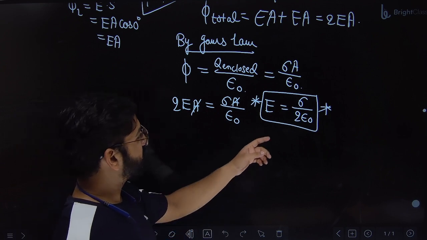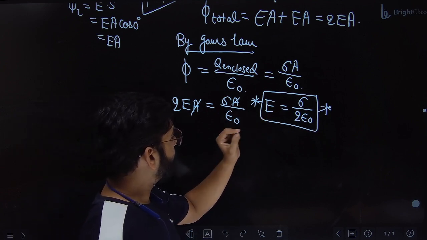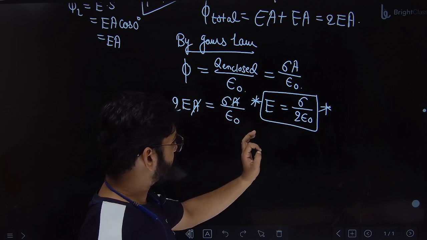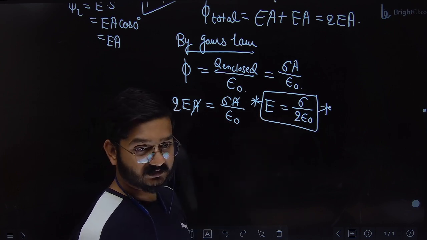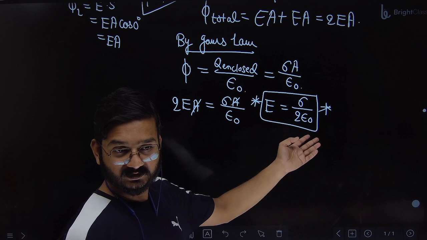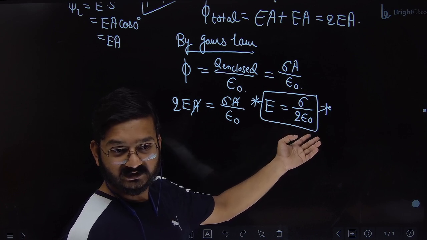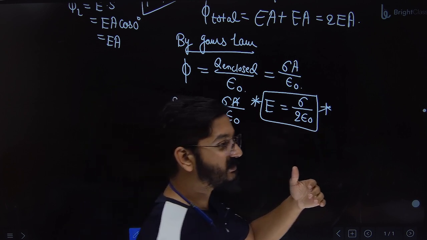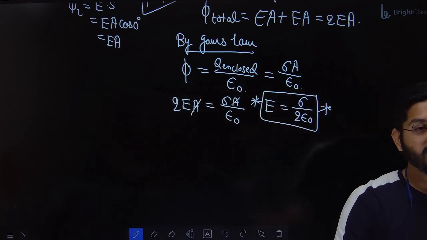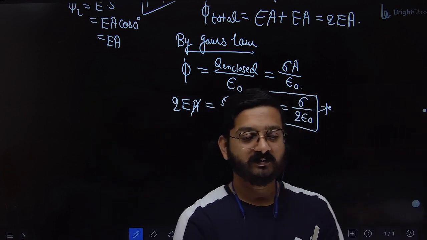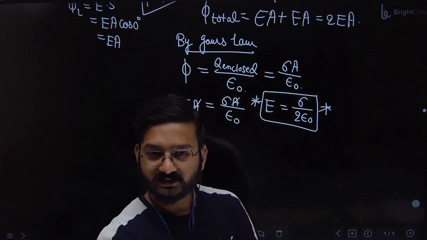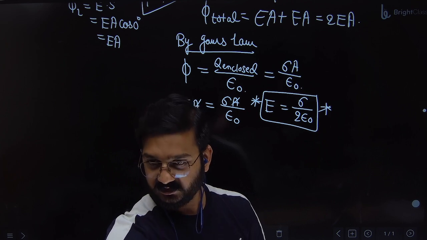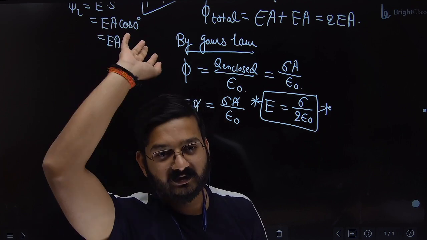Now, if you observe one thing, the electric field due to an infinitely large plane sheet, does it depend on the distance? Is any r term there? No. It means it is independent of the distance. Because the plane sheet is huge, if you are at a distance of 1 centimeter, 2, 3, 5, 6, 10, 15, 20, 100 centimeters... Now don't say, sir, I will go 1 kilometer away.